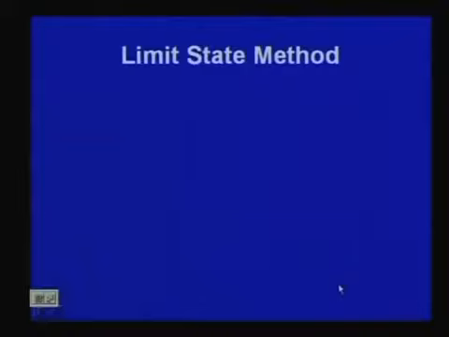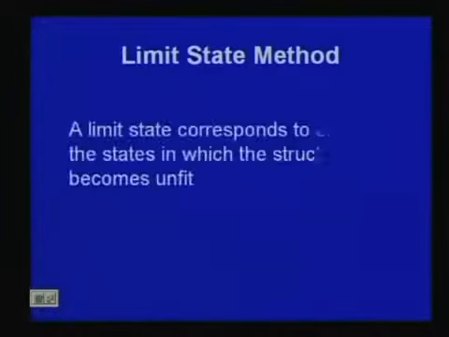So coming to the final one, which we are going to study in this particular course, that is the limit state method. A limit state corresponds to each of the states in which the structure becomes unfit.